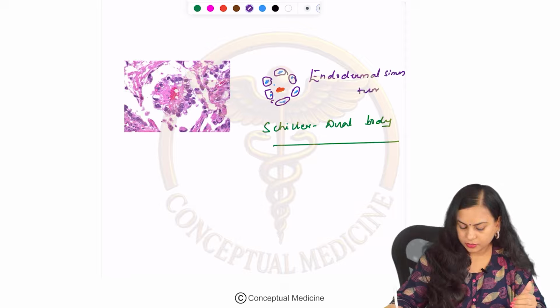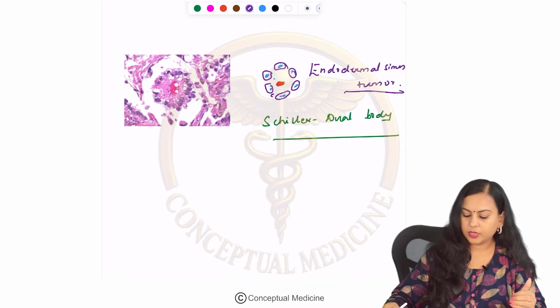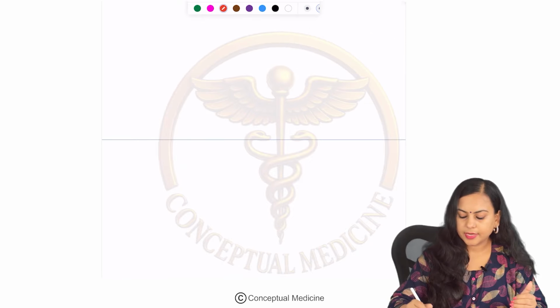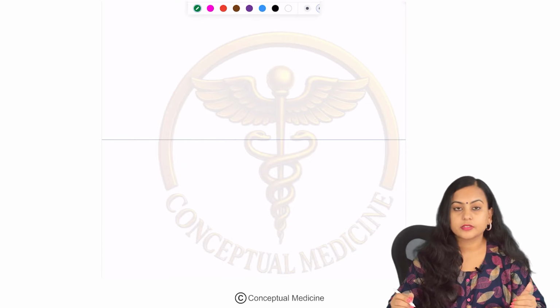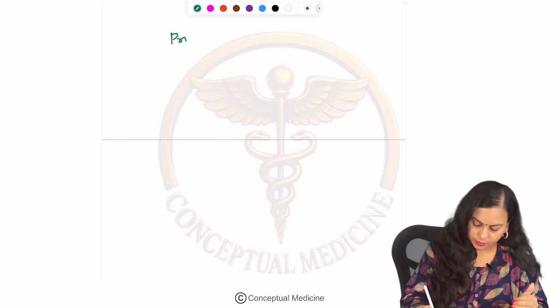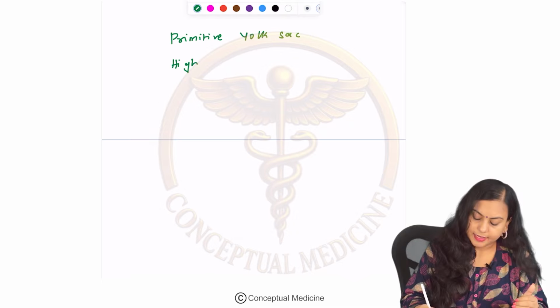Endodermal sinus tumor is a tumor that is derived from the primitive yolk sac, and it is a highly malignant tumor.